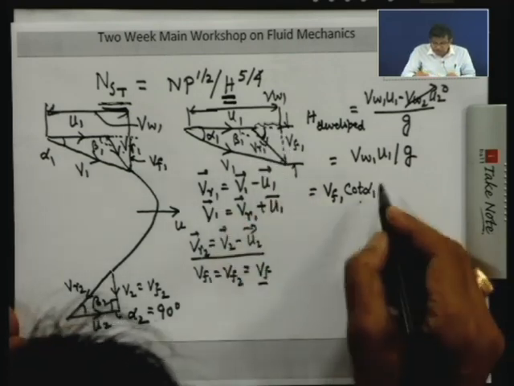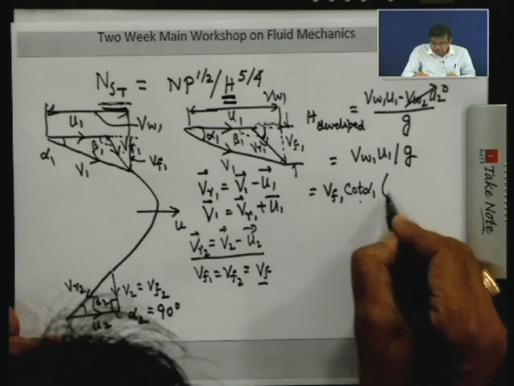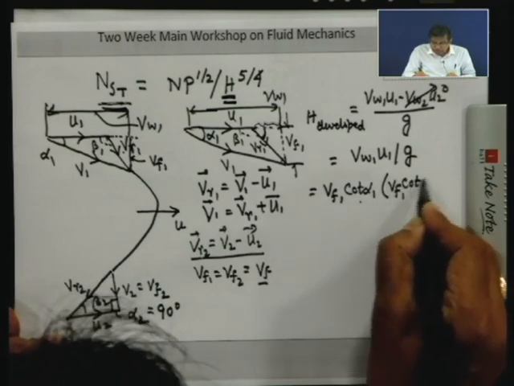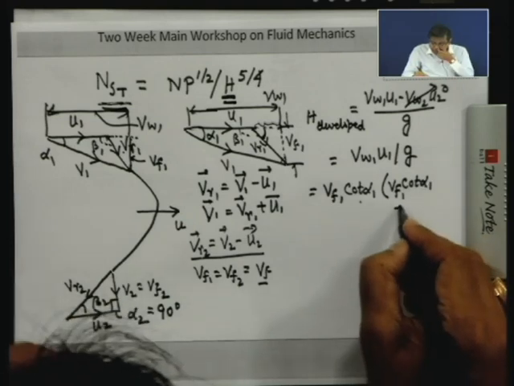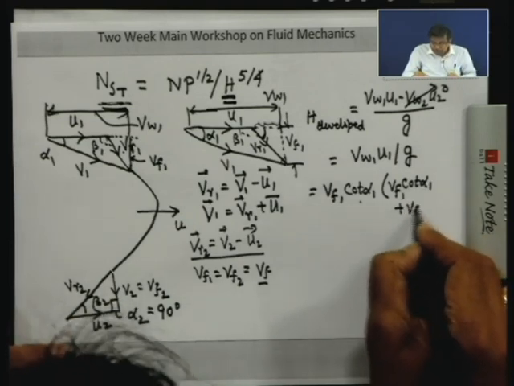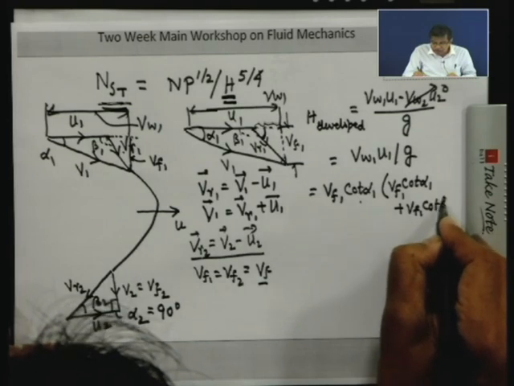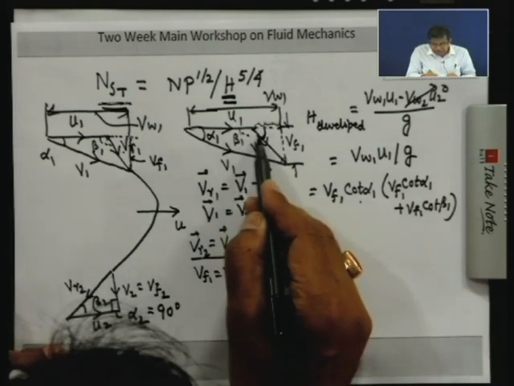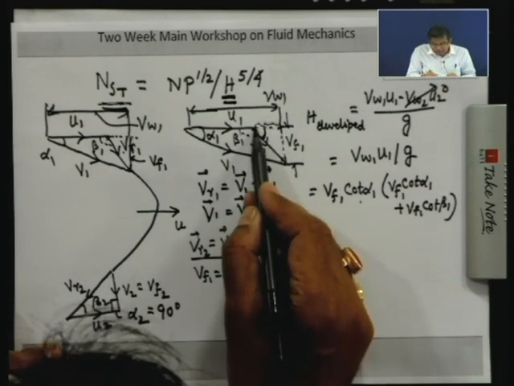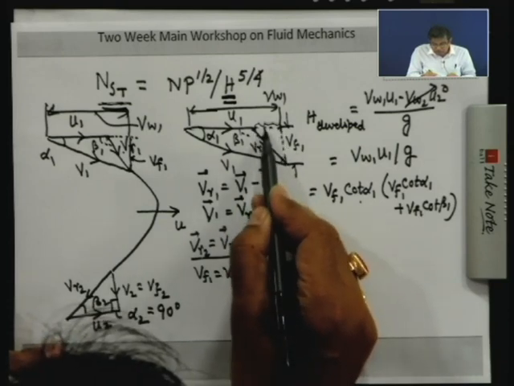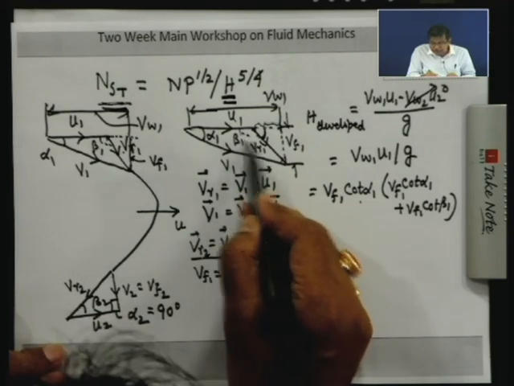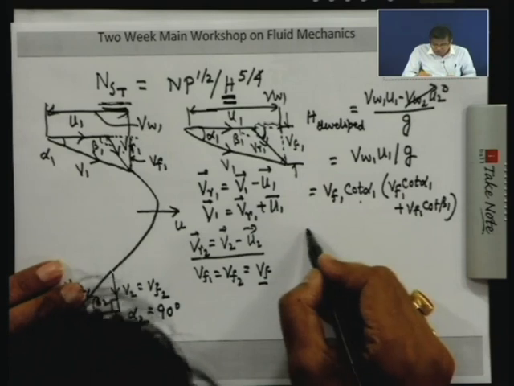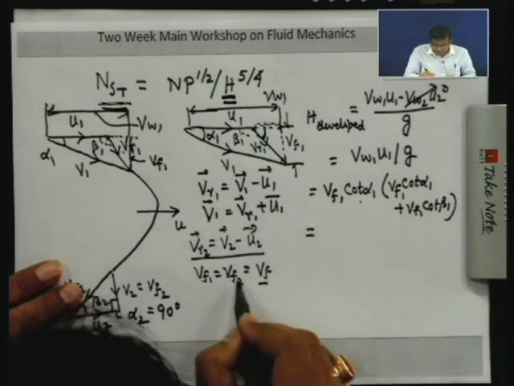So, therefore, U1 will be Vf1 cot alpha 1 minus minus, that is plus, Vf1 cot beta 1. This is what minus this in terms of beta 1, that is why plus. So, now, since Vf1 is Vf2 is Vf, it can be written.